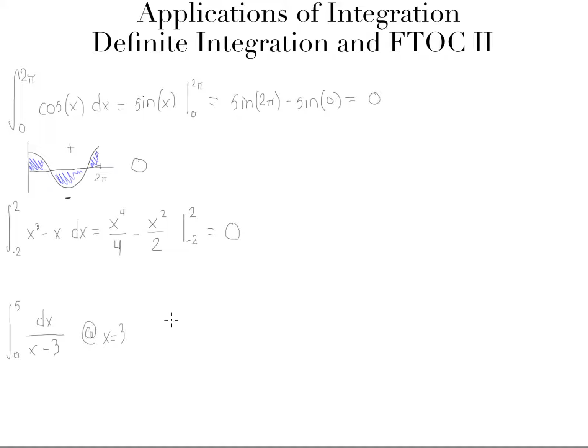For the graph 1 over x minus 3, at x equals 3, so I'll graph it here, on the left side as it approaches 3, we'll have it approaching negative infinity, and here it will approach positive infinity. So we'll be unable to calculate this area under the curve, which is why it makes sense.